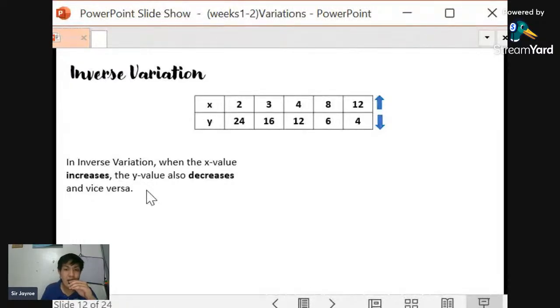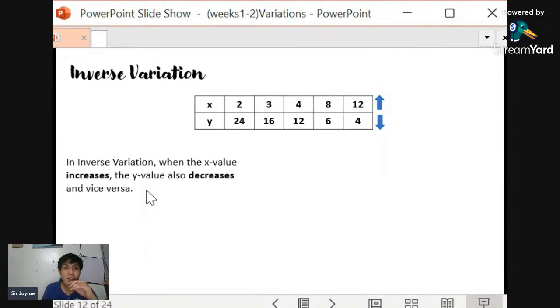Our initial conclusion for this is it is an inverse variation. Ano ang kulang? Kailangan nating hanapin ang constant. Okay, now, talking about inverse variation, we have a different way of looking for the constant. Iba po ang paghanap ng constant ng inverse, iba po kapag direct. In direct, divide. Ano ba ang kabaliktaran ng divide?